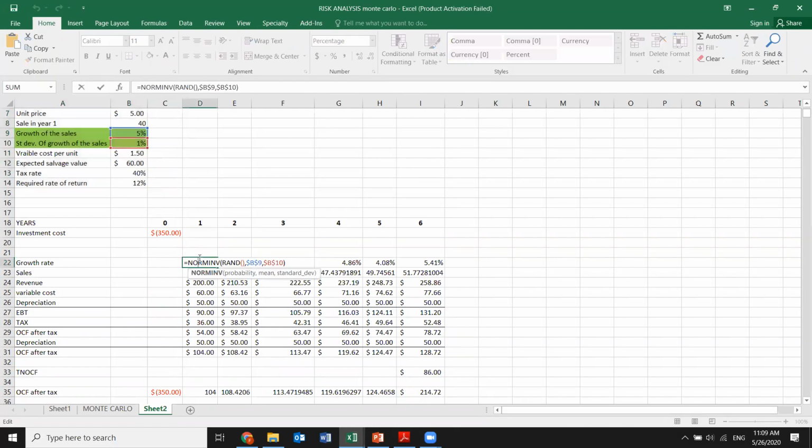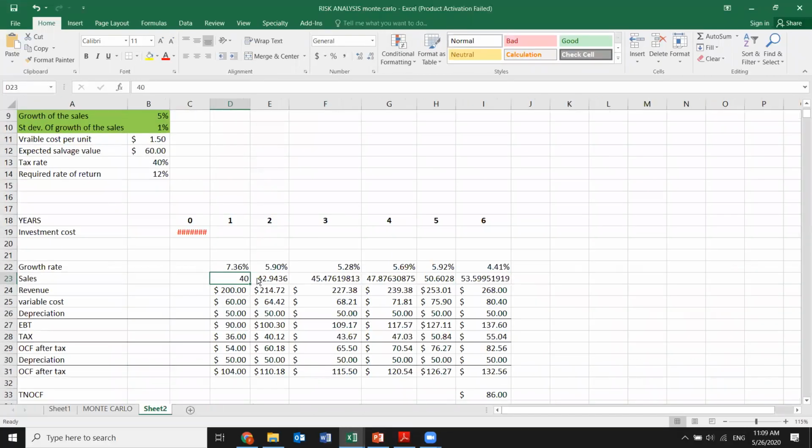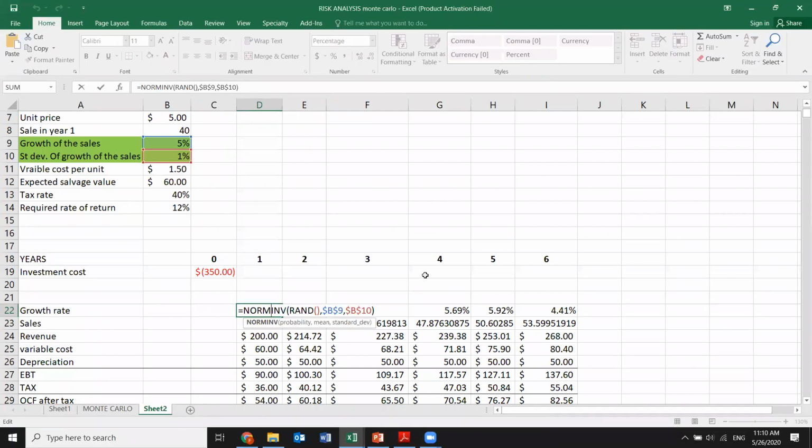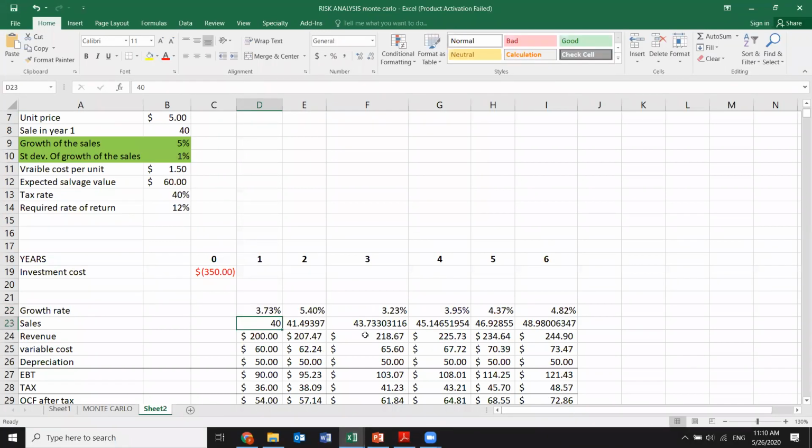With the formulation we used, we get 3.73, and all the time it changes once we press F9 or click enter on the cell that we created here.